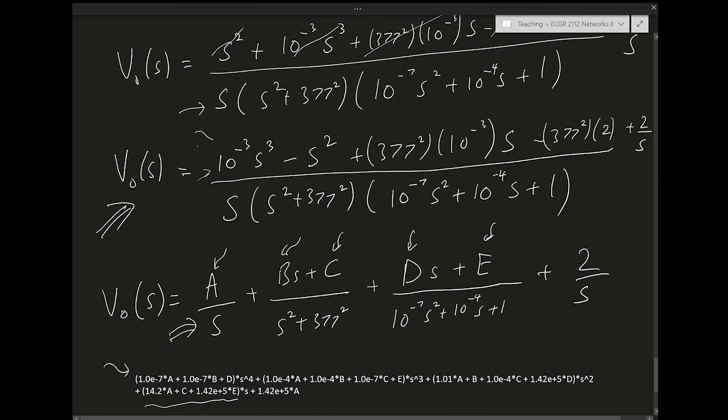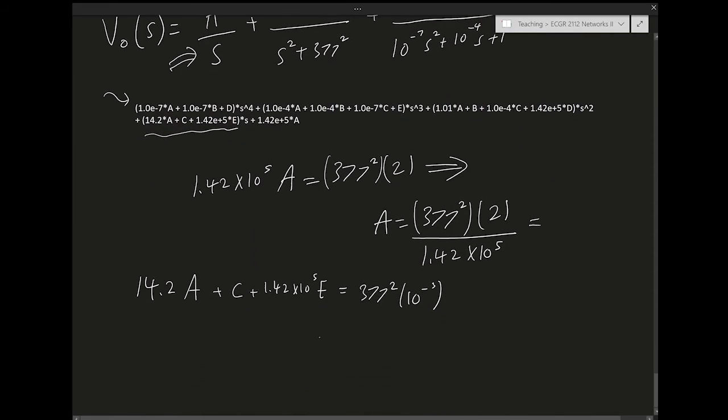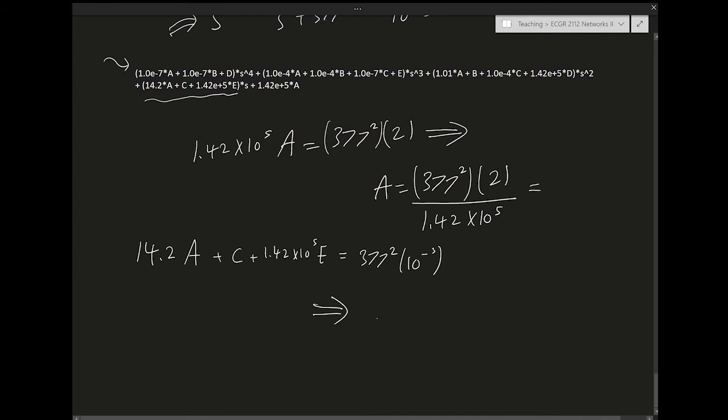We're comparing with this numerator, and this gives us an equation in C and E. So we have C plus 1.42 times 10 to the power 5 E equals 377 squared times 10 to the power minus 3 minus 14.2 A. We already know what A is, so this is just an equation that has C and E as unknowns.